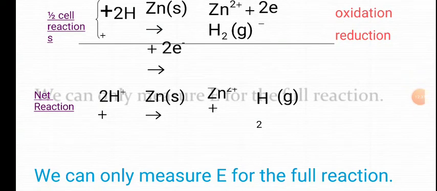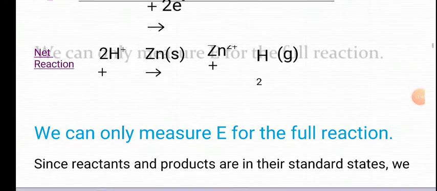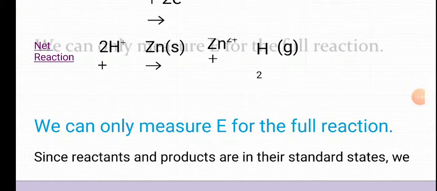So ultimately the net reaction is 2H+ plus zinc equals Zn2+ plus hydrogen gas. So by means of this reaction one can get electricity.